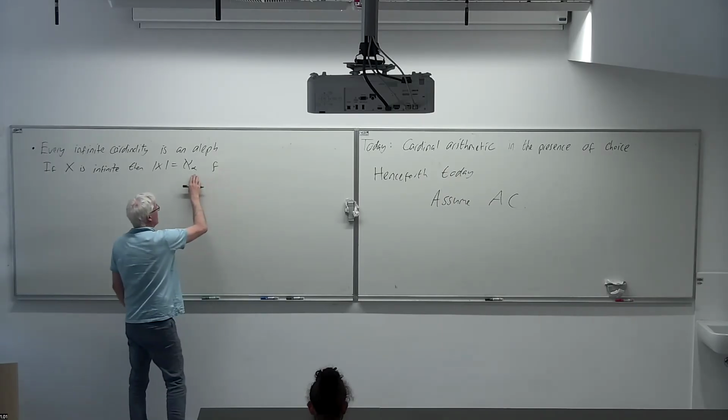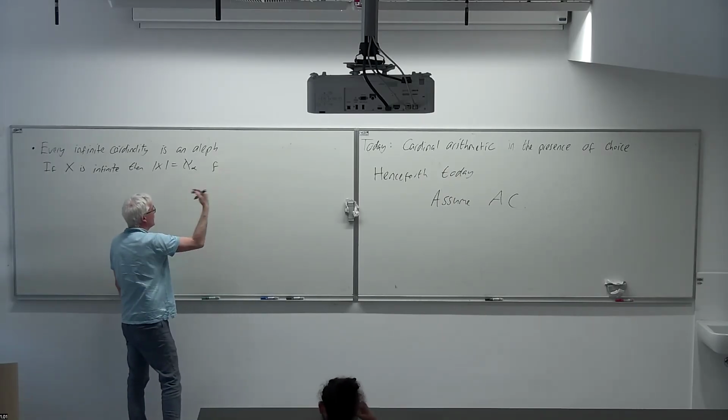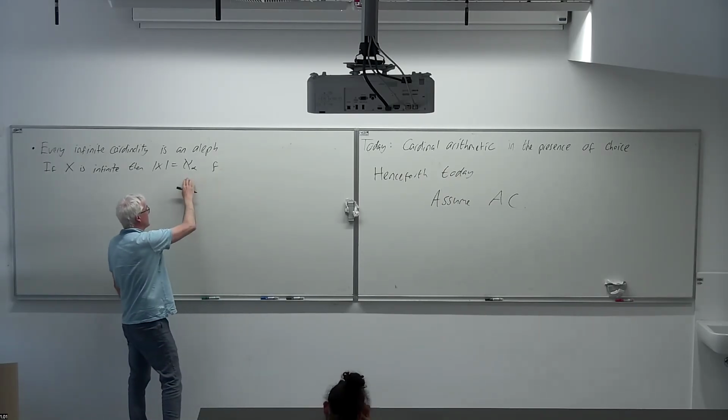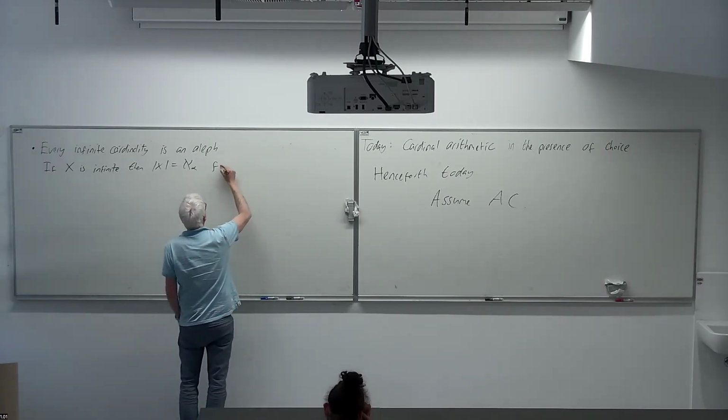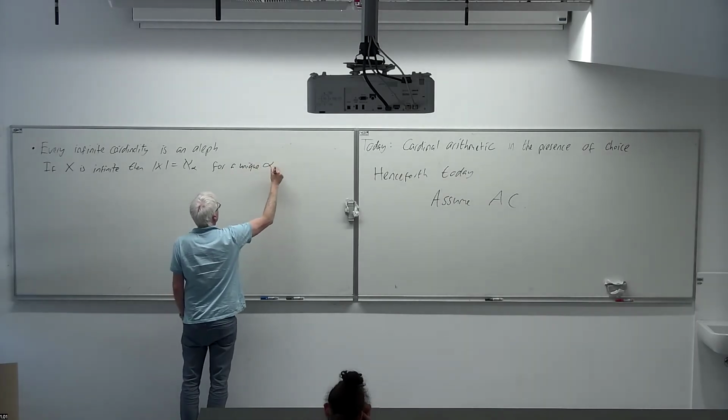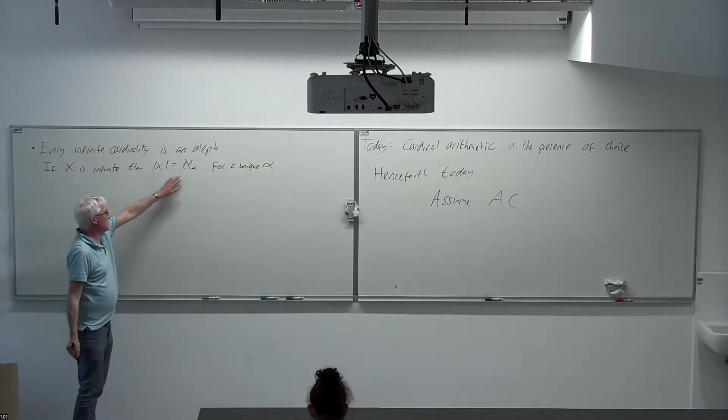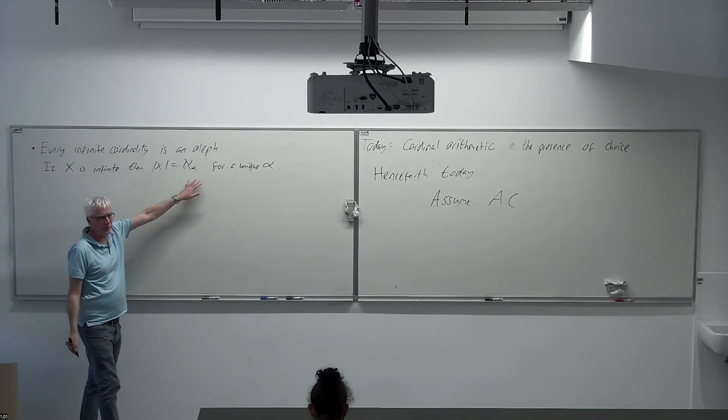Or the alpha itself need not be an initial ordinal, but omega sub alpha, whose cardinality is aleph alpha, is initial for a unique alpha. So we have a numbering system indexed by the ordinals for infinite cardinalities.